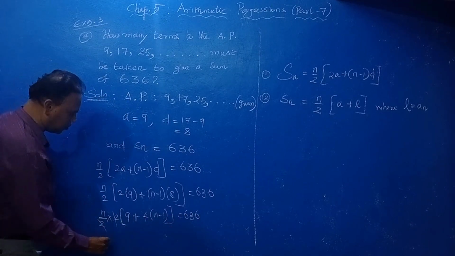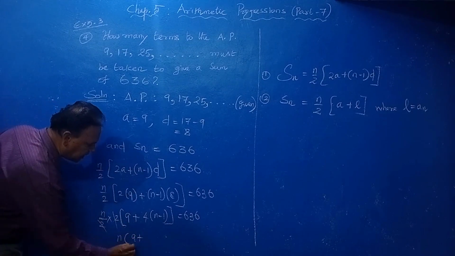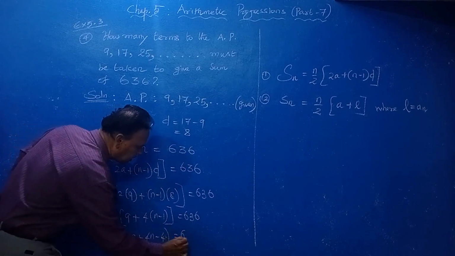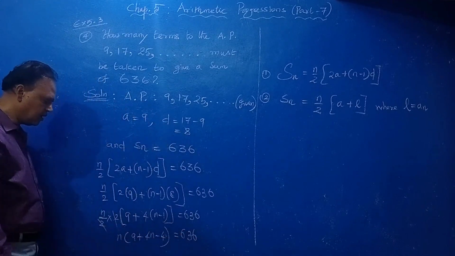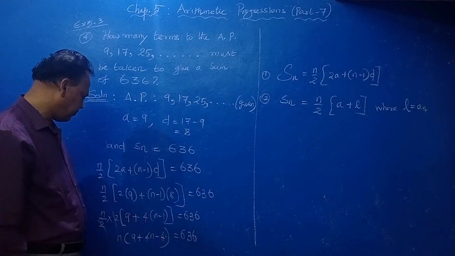Therefore n into 9 plus 4n minus 4 equal to 636. Just simplification. Here 9 minus 4 is 5.